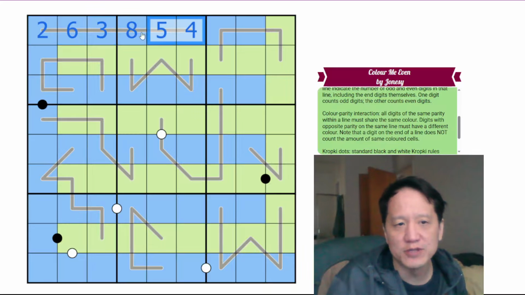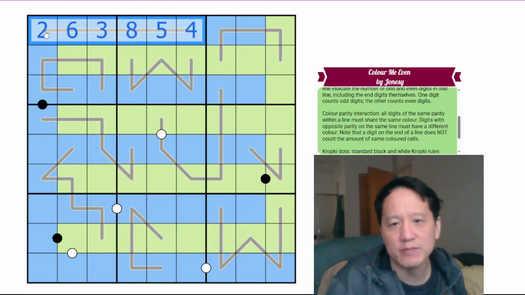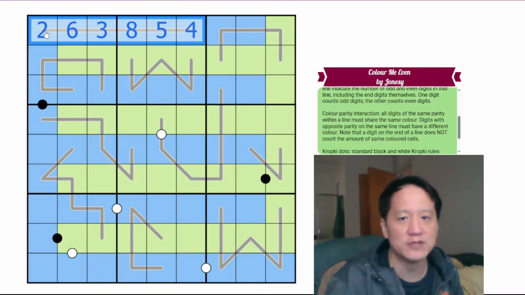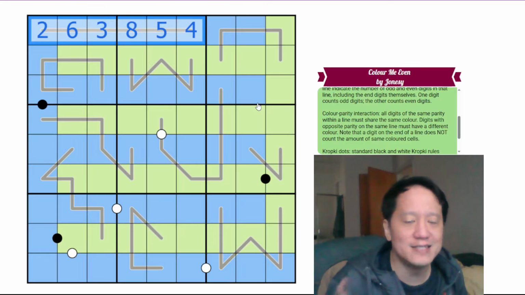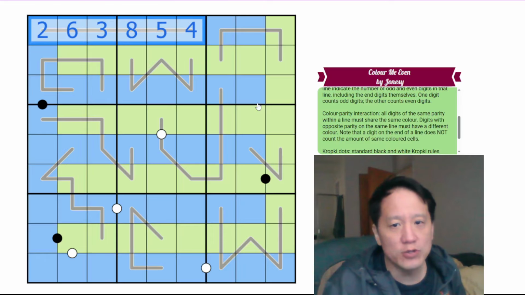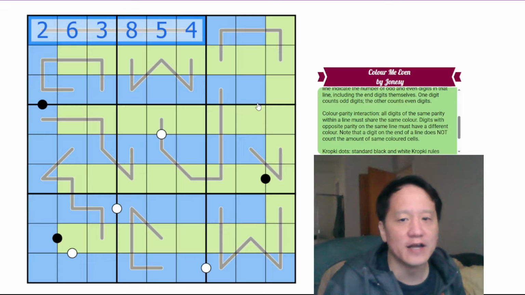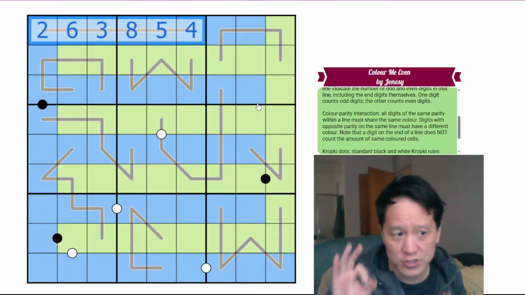And they would have to be the same parity if they are the same color. And vice versa. If they are the same color, they must be of the same parity. Digits with opposite parity on the same line must have a different color. Note that a digit on the end of a line does not count the amount of same colored cells.